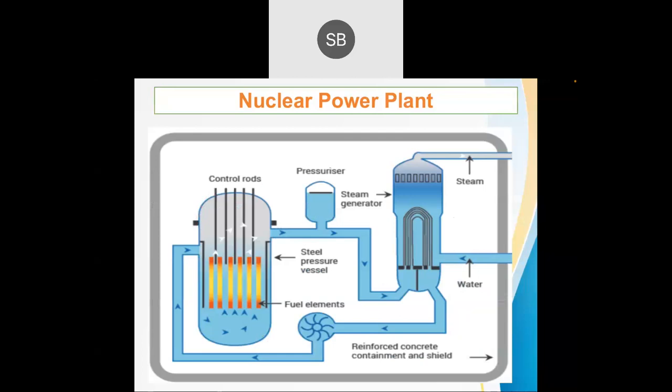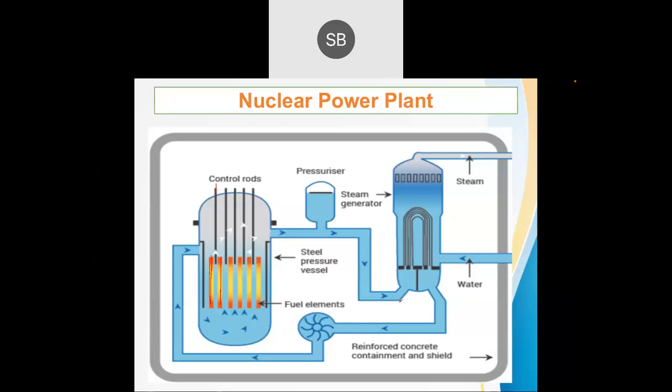Those neutrons again going to strike another atom. So to stop that particular chain reaction, we are using the control rods inside the nuclear reactor. Also, we are using a moderation medium and cooling medium to control this particular chain reaction. Okay, so the details about that we are going to see in the next lecture.